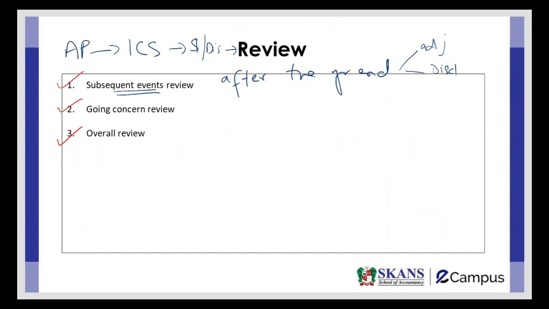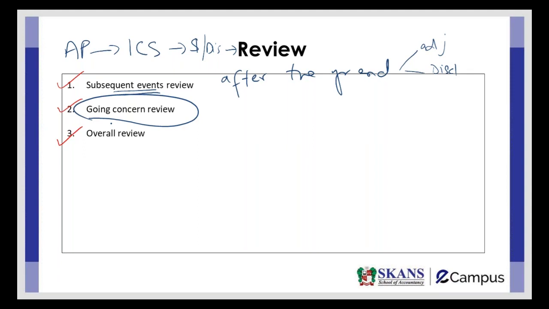So the first thing I had to do was find out if there's any event which took place after the year end because of which my financial statements might require an adjustment or a disclosure. The next thing I have to do is find out whether there is any going concern issue.